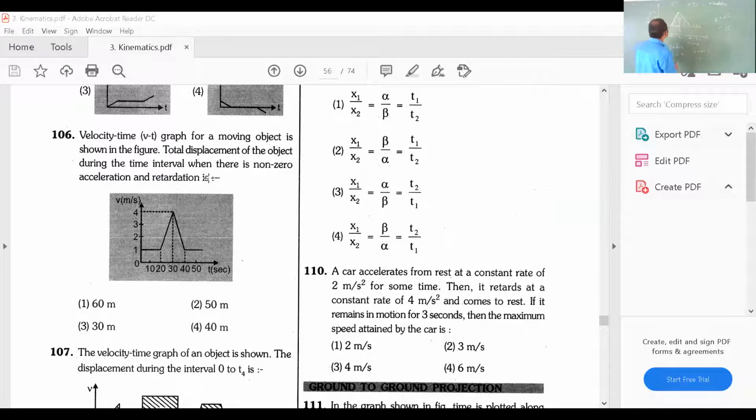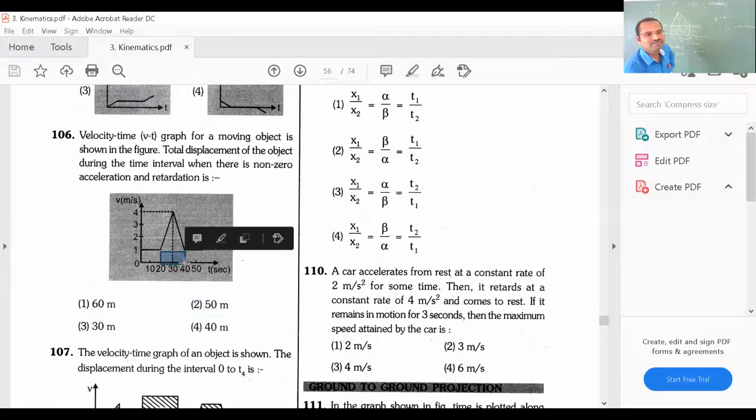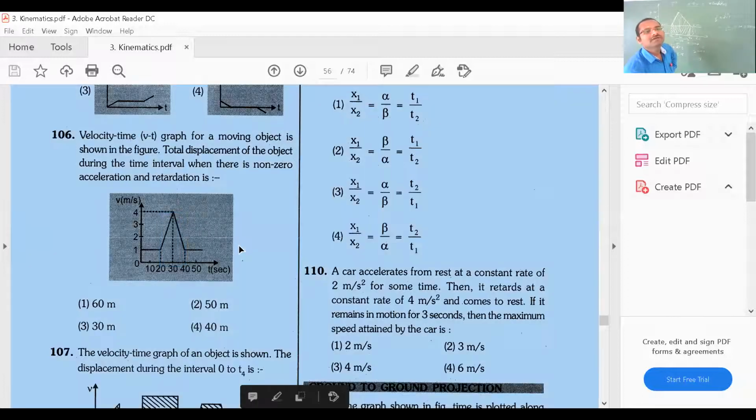So this area I am not considering here, but this we should also consider. This is a rectangle, 2 into 20 is 20. 20 plus 30, total 50 meters. Option 2 is the right answer. A small conceptual mistake here: this total area we should consider. Yes, you are correct.